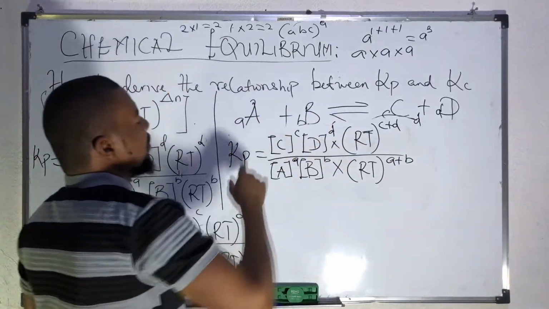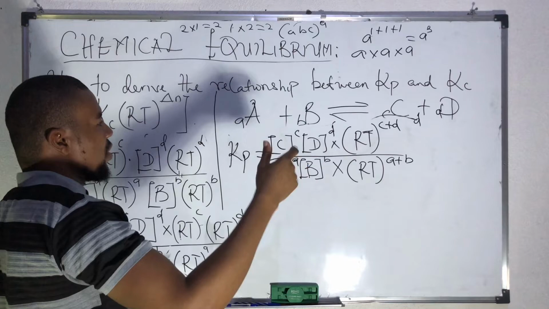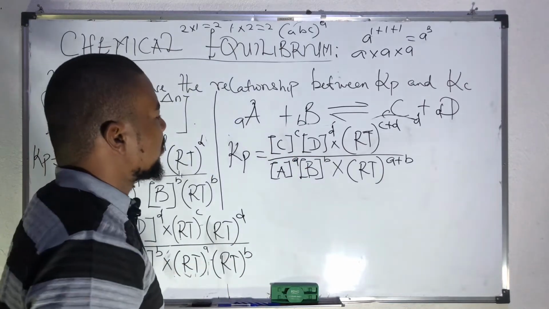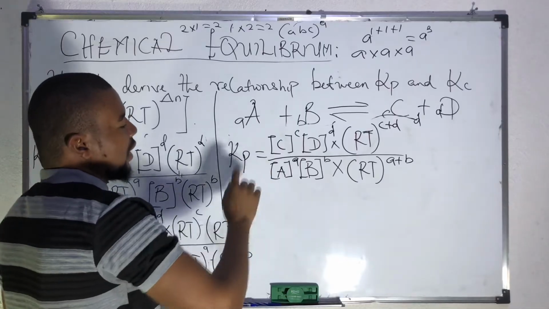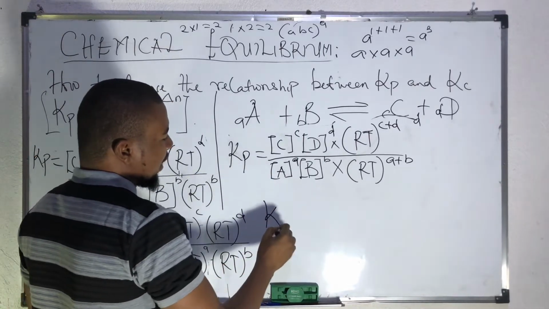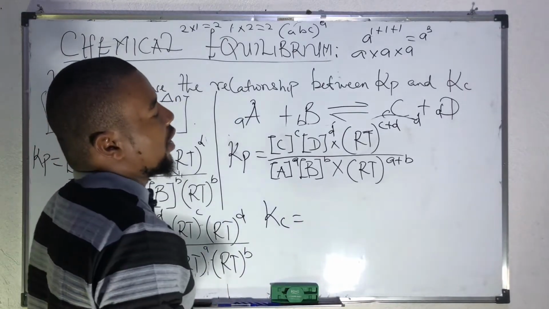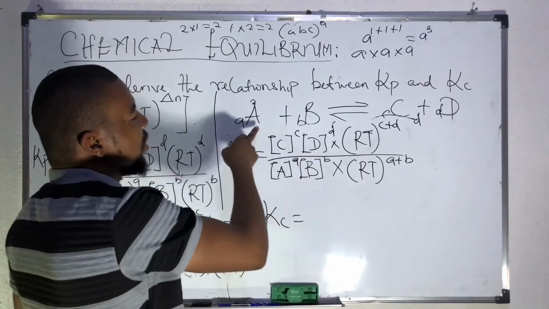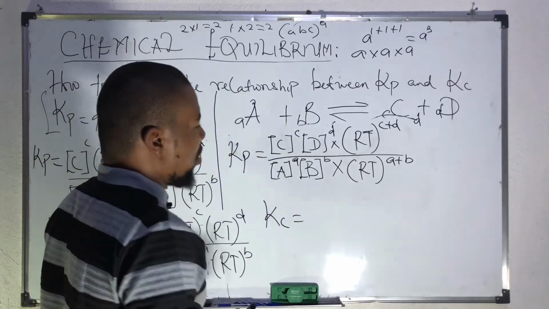This is a reversible reaction, just as I've denoted it using two arrows, one going forward and the other going backwards. This is simply the equilibrium constant, and if you want to write the Kc expression, it's the ratio of the product over the reactant, each raised to the power of its stoichiometric coefficient.